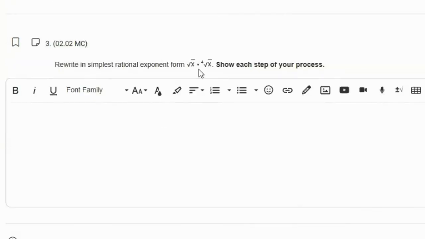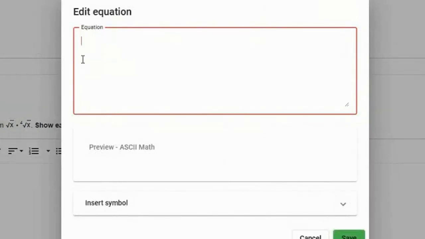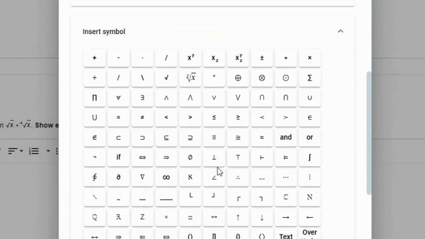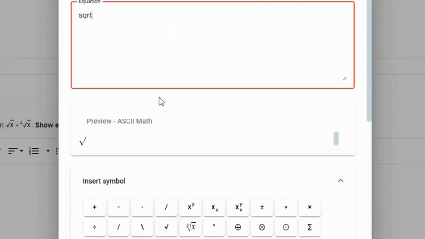All of these, like square root of 4. If you're thinking, I don't know how to type the square root of x, click insert symbol, and there's a whole bunch of help down here. Here's the square root. For the square root of x times the fourth root of x, that's this x y button right here.